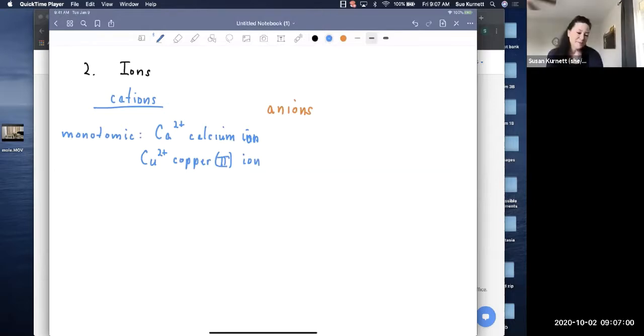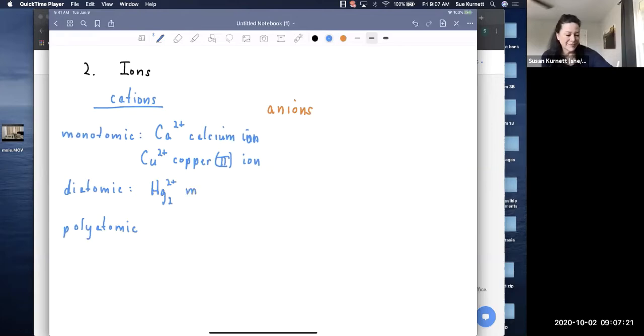And then there is 1 diatomic, and there is 1 polyatomic in our class. The diatomic one really vexes people. People don't like this. I'm sorry. But it really is, and we sometimes need to talk about it.